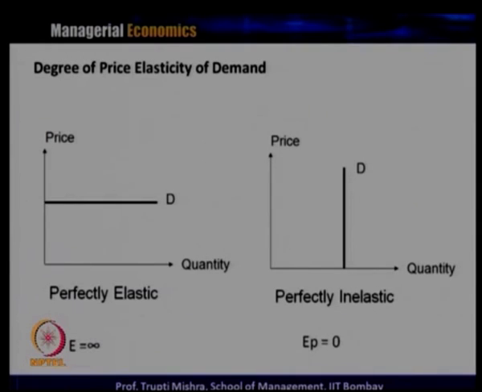The buyer is more responsive to change in price, and this is the case of perfectly elastic demand. The second case is one where even if the price is changing, the buyer is not at all responsive in the quantity demanded, and this is the case of perfectly inelastic demand. In the first case, the value of elasticity of demand is infinite. In the second case, the value of price elasticity of demand is 0.